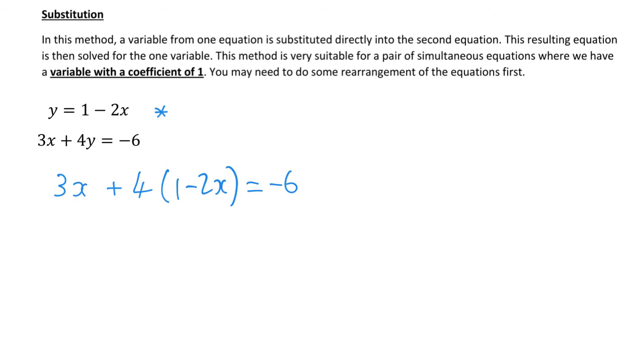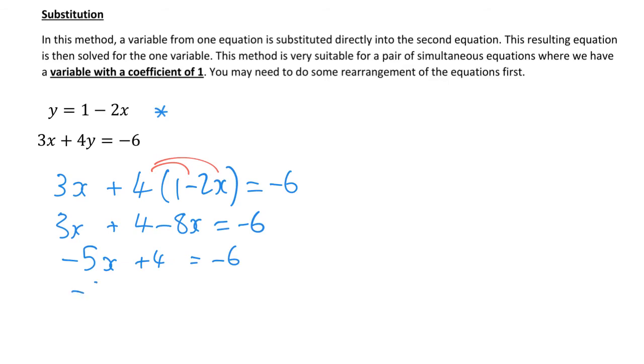So if we expand out the bracket, we've got 3x plus 4 minus 8x, so that's the two terms from expanding the bracket, equals minus 6. 3x minus 8x is minus 5x plus 4 equals minus 6. We could write that as minus 5x equals minus 10. So take the plus 4 to the other side, becomes a minus 4. And then divide both sides by minus 5, we get that x equals 2.